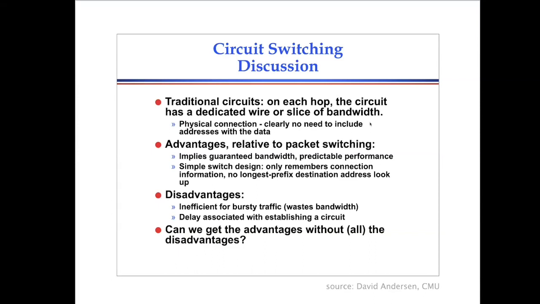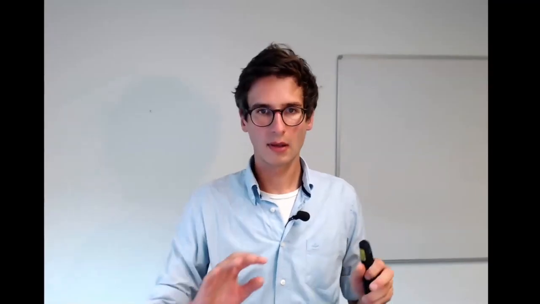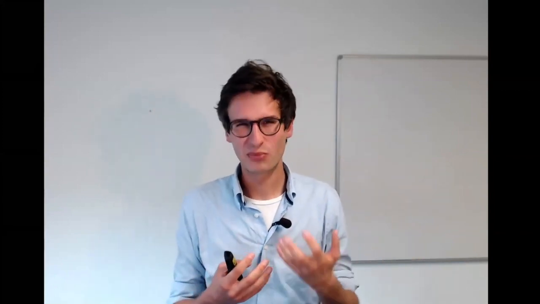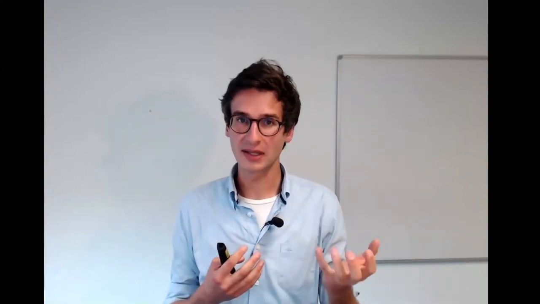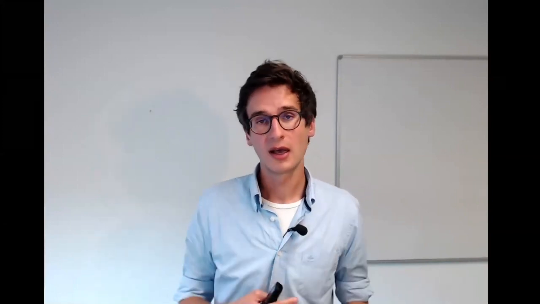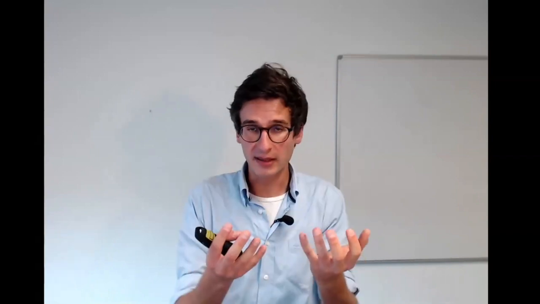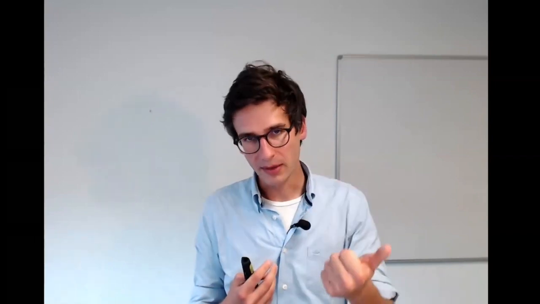So you can see here, I hope, that circuit switching has some advantages, notably in terms of predictability, but it also has some pretty big disadvantages in terms of scalability, because you have to maintain this state for the connection, the time it takes to establish these connections, and also the wasted bandwidth that you have.